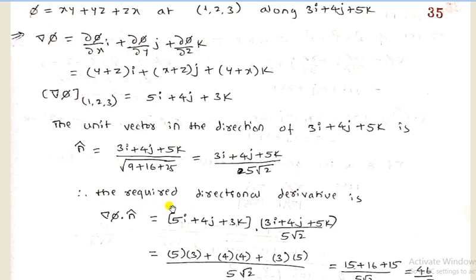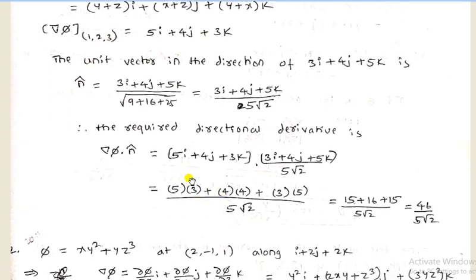So now the required directional derivative is del phi dot n cap. We already calculated del phi and n cap, so take the dot product of these two results. Dot product means multiply i dot i is 1, j dot j is 1, k dot k is 1.